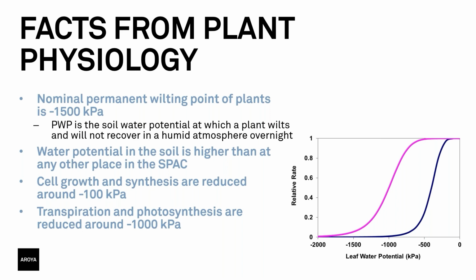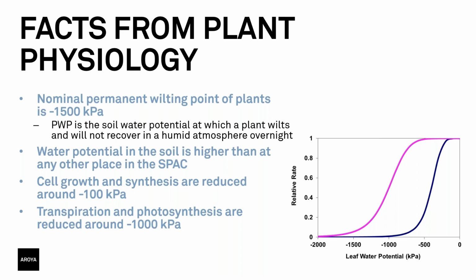Later, as equipment became available to measure the water potential of soil, it was found that this permanent wilting water content correlated well with the water content of soil at a matrix potential of minus 1500 kilopascals.